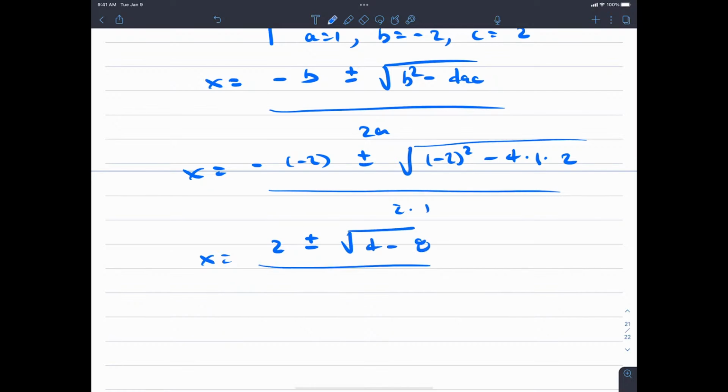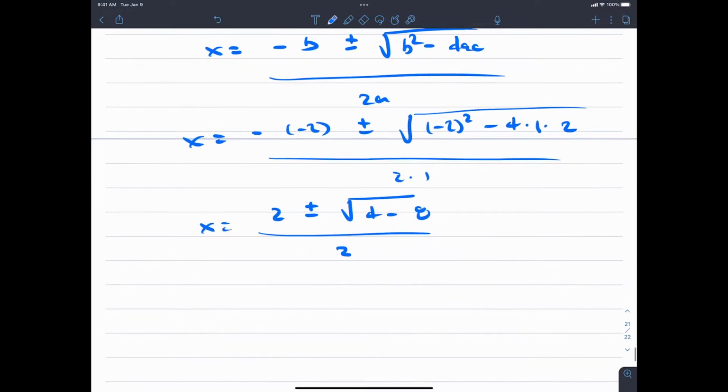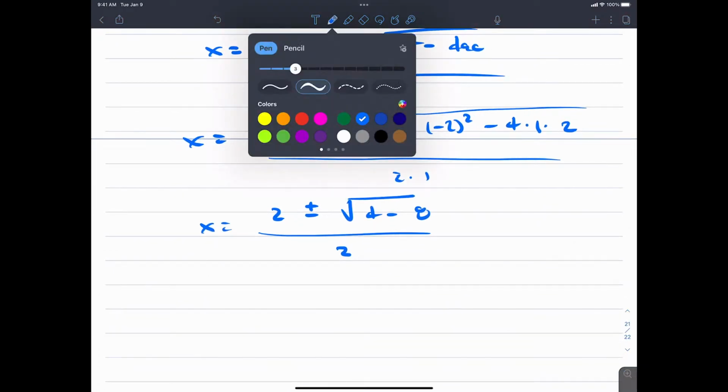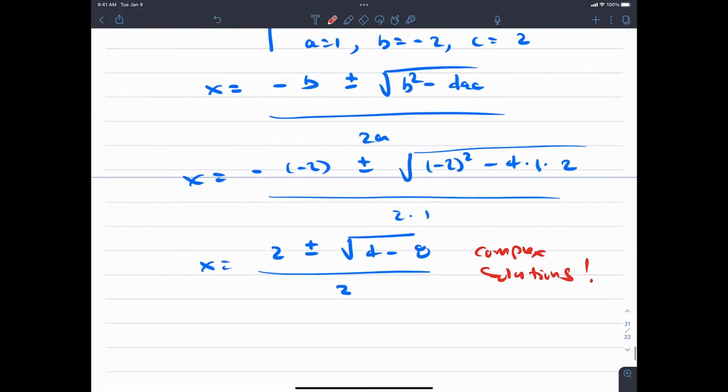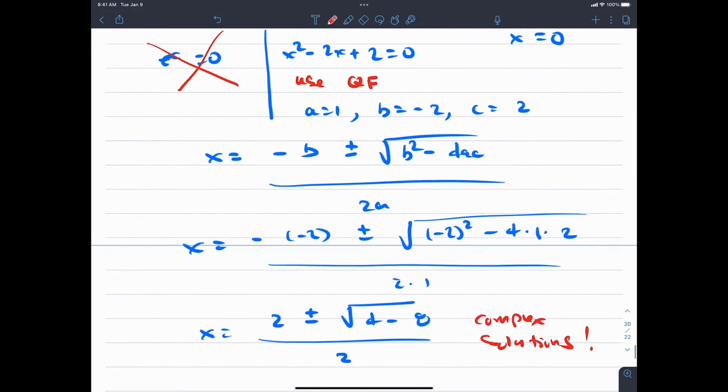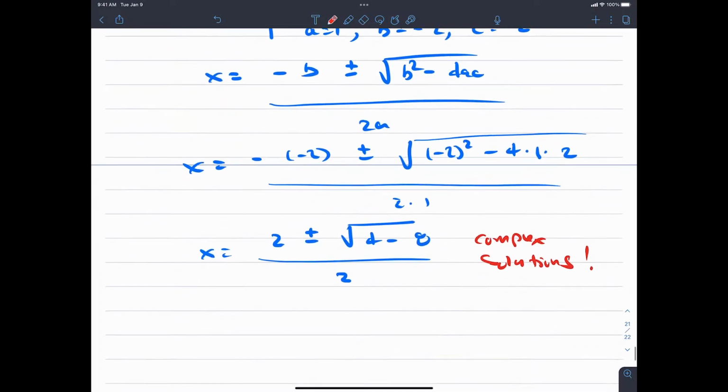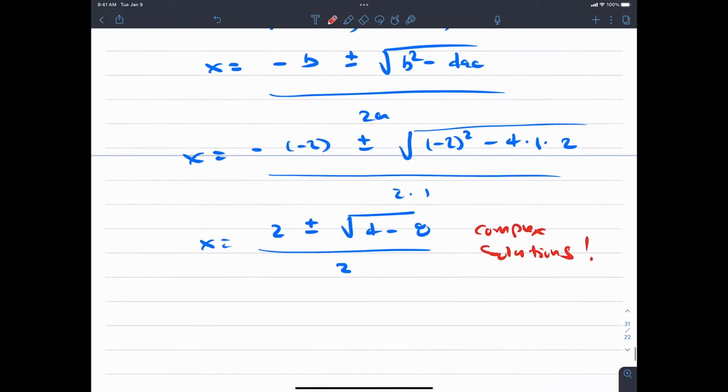Is that right? Over 2. Now, what do you guys notice about this? What does this give you? Complex what? Solutions. Is that true? Double check. Negative 2 squared is positive 4 minus 4 times 1 times 2. This gives you complex solutions.